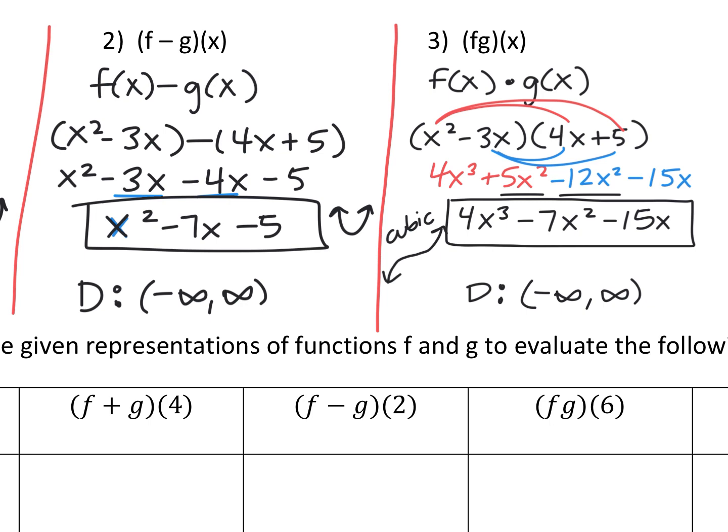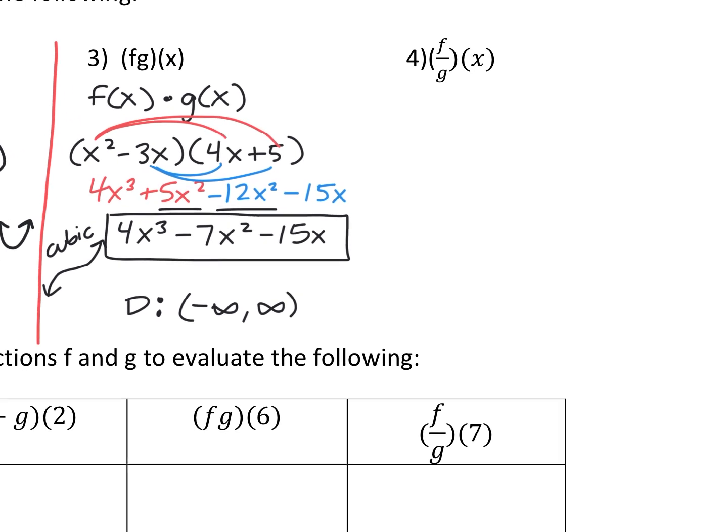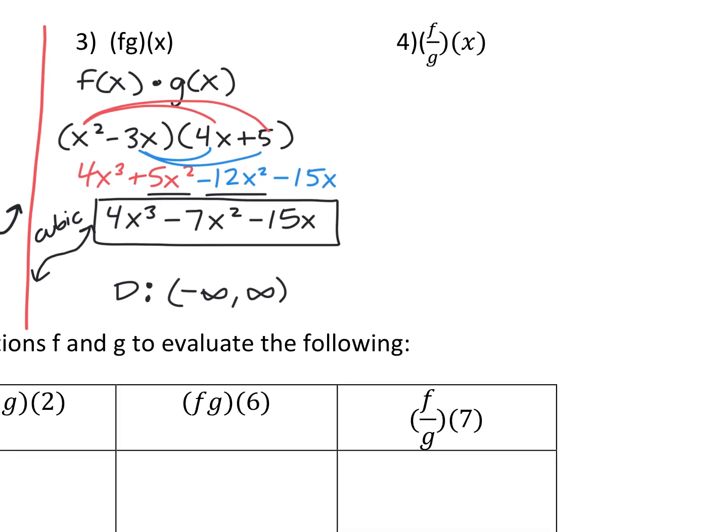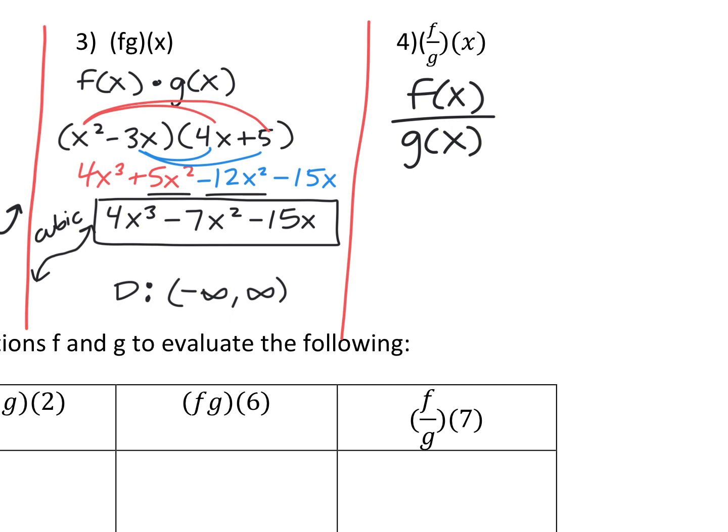Okay, the last one, obviously we're going to have some division, so you're going to see your domain is going to get weird. All right, you're doing f of x divided by g of x. Okay, so you should have, I'm going to write it right here, x squared minus 3x over 4x plus 5.